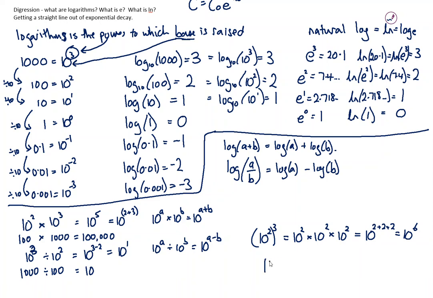So if we have 10 to the a all to the b, that's 10 to the a times b. Okay, so that's a little bit about logarithms and powers, just to remind you of some maths that you might have done a while ago. In the next video we're going to go on and use this to have a look at this equation and manipulate it.